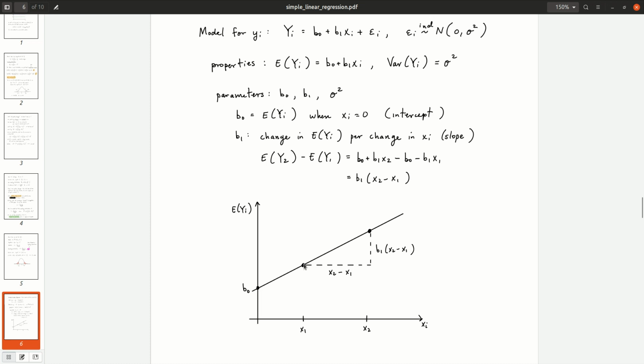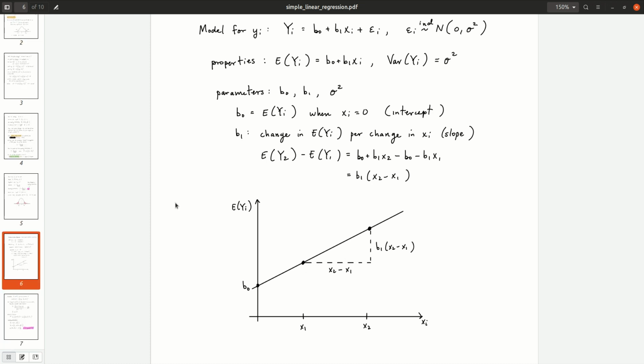And then if we were to look at the expected value of yi at x1 and x2, we get these two values. This is the change in x, and the vertical is the corresponding change in y, and that's equal to b1 times the difference of the x's. So this is a simple linear model. Obviously, it's called linear because you can connect all the expected values along a single line.